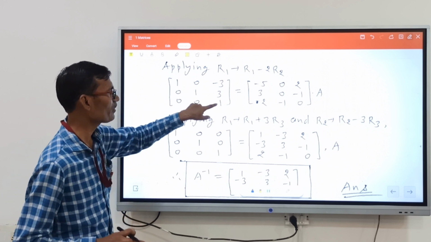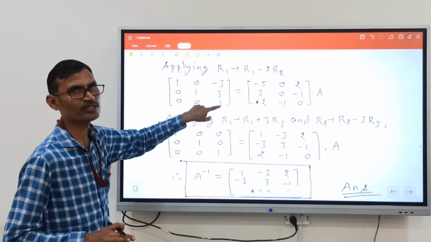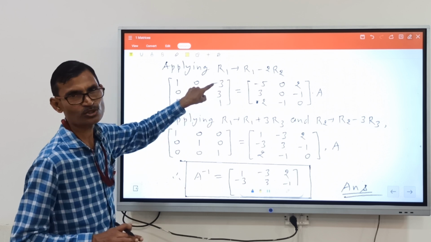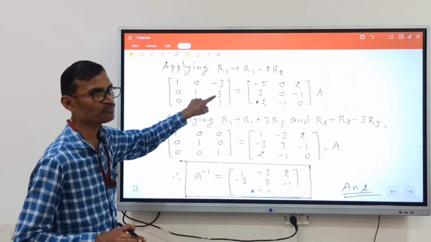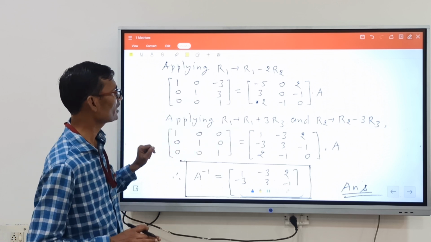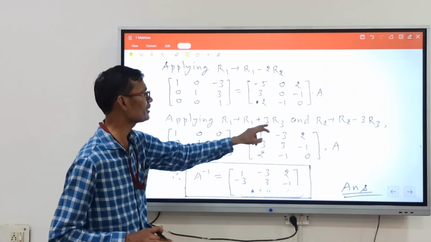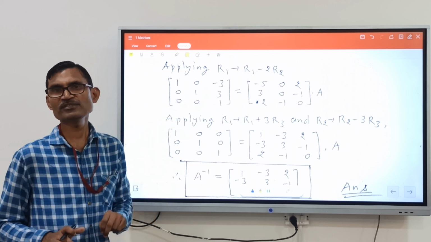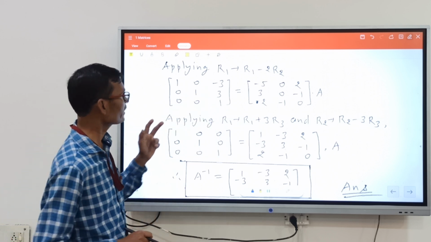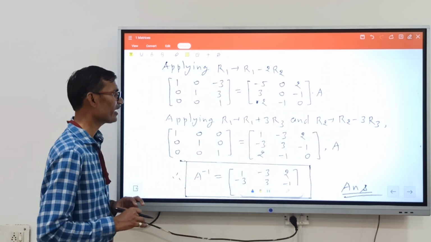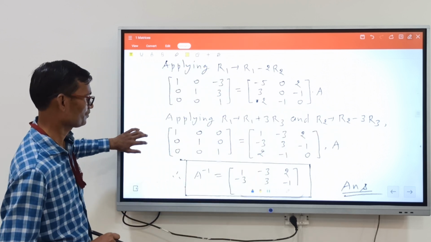If we multiply 1 into 3, it becomes 3. So 3 will be added here to make it 0, and this 3 will be subtracted from here to make it 0. So we are applying multiples of the third row to R1 and subtracting from the second row to make the desired elements 0.